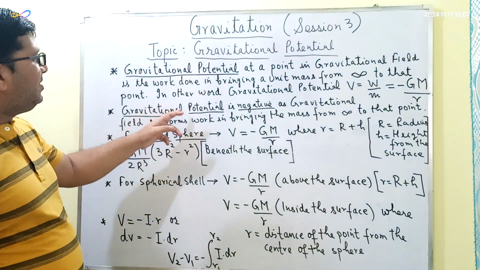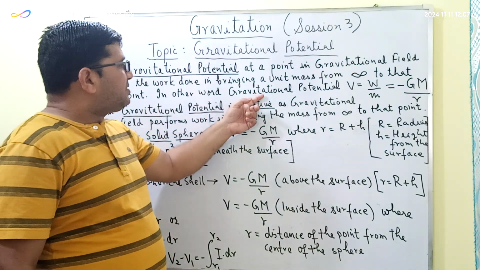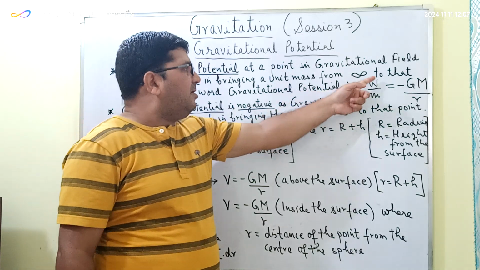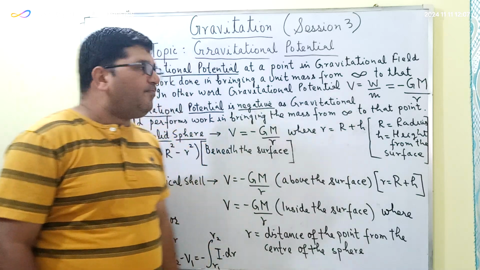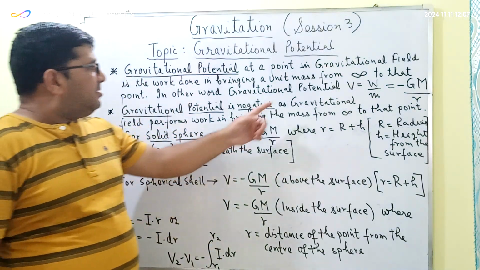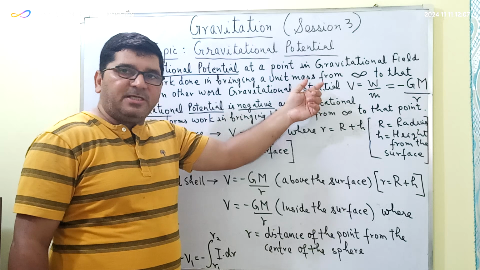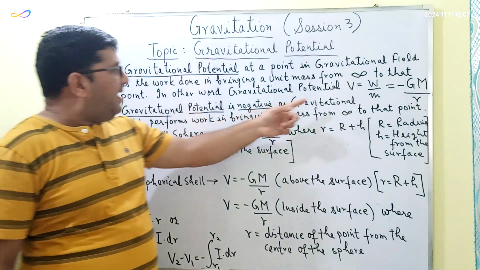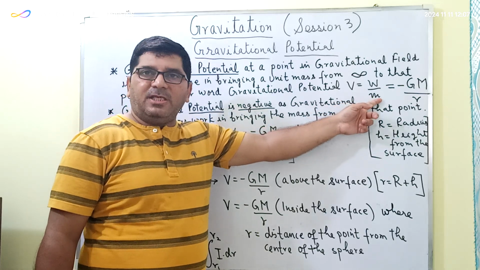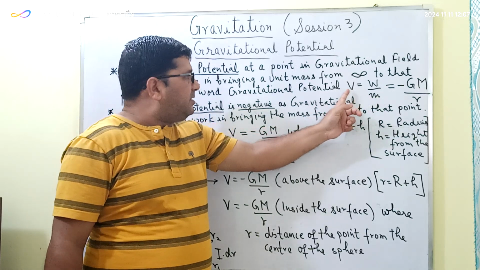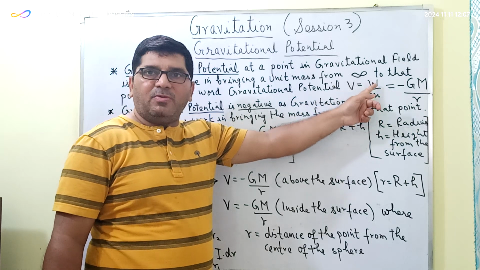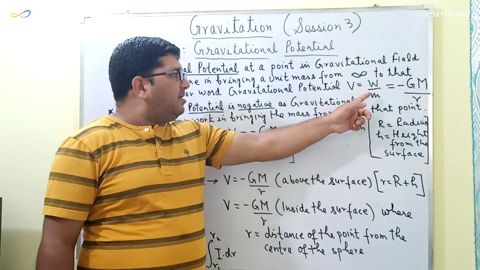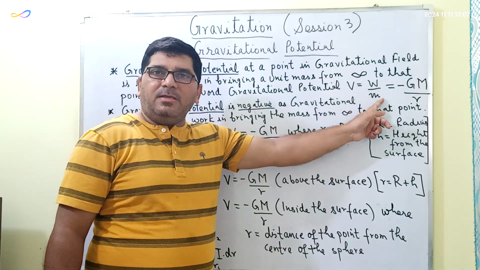In other words, we can write the gravitational potential, V being the symbol for it, as V equal to W by m, where W is the amount of work done in bringing an object from infinity to that point, and small m is the mass of that object. So V is equal to W by m.